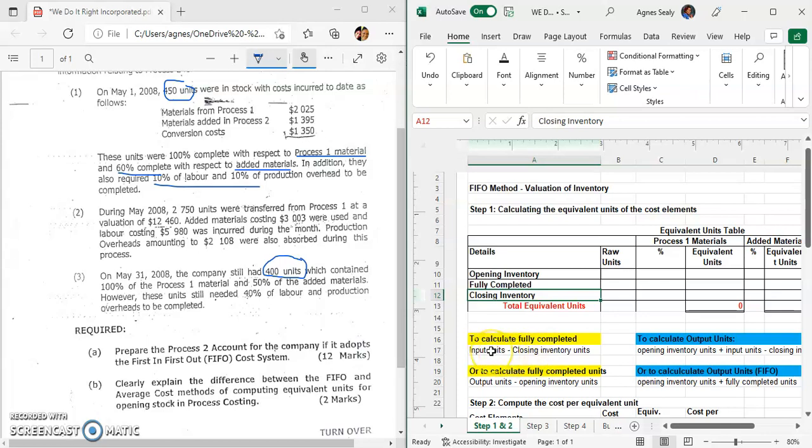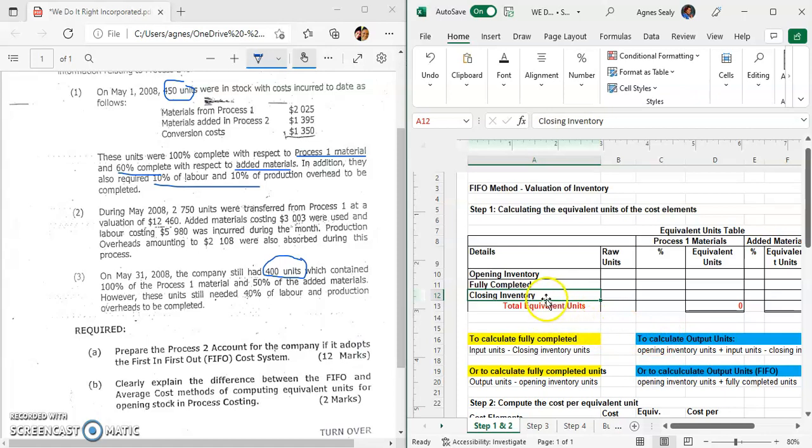If you don't have that information, you can also calculate your fully completed units by taking your output units minus your opening inventory units. So here I have given you two formulas to calculate fully completed units, and two formulas to calculate output units.